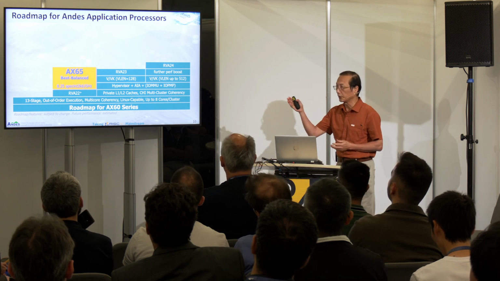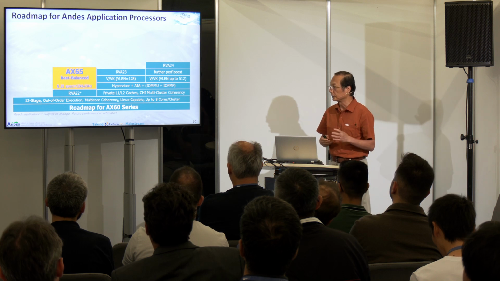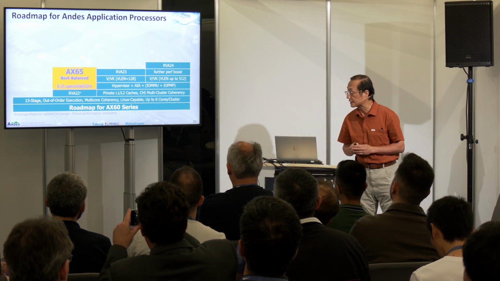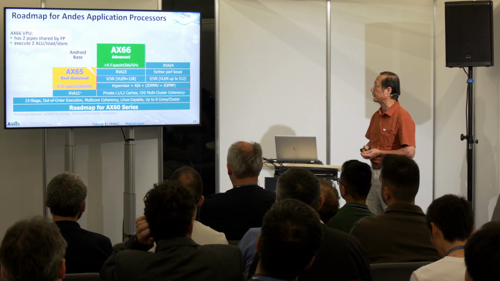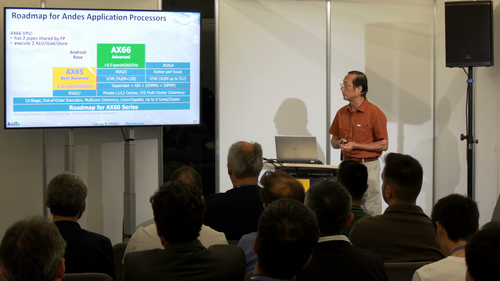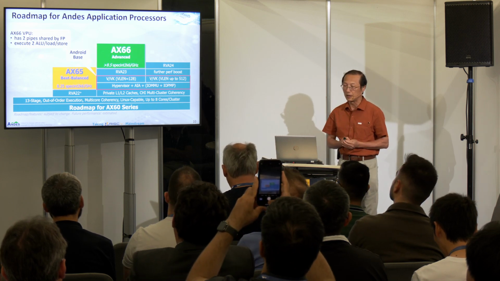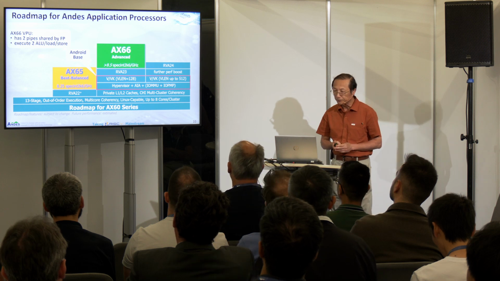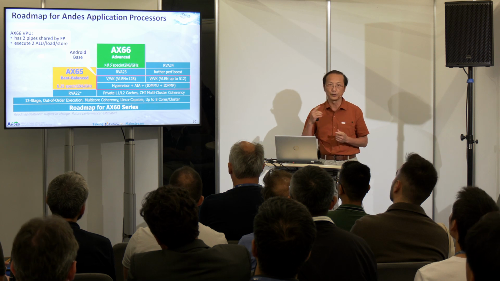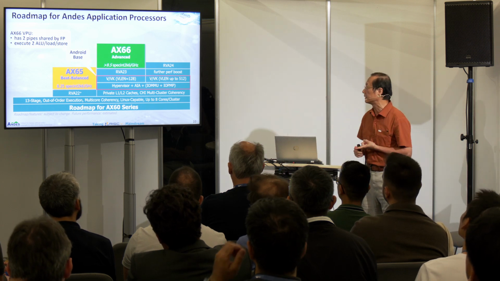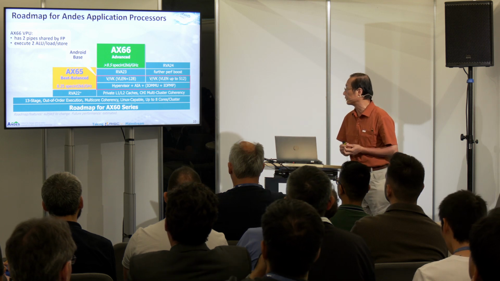So currently, we have AX65 on the market. It's got several customers licensed. And then what we are working on and trying to make available very soon is AX66, which will come with RVA23 and push the VLEN to 128. It will be added with a hypervisor, AIA, IOMMU, and IOPMP features.